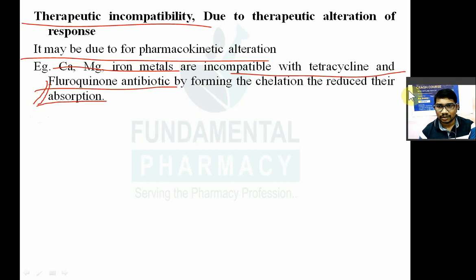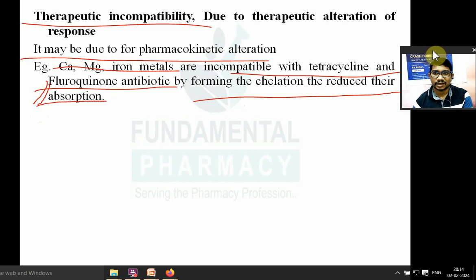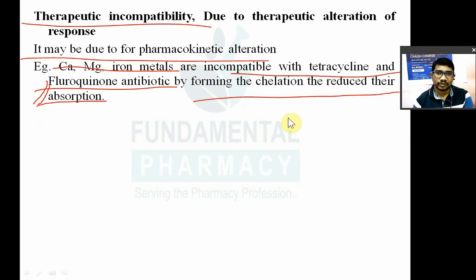But if you take tetracycline capsule with milk, then the calcium in the milk will form a complex with tetracycline, a bond forms, and that complex is not absorbed through the GIT.